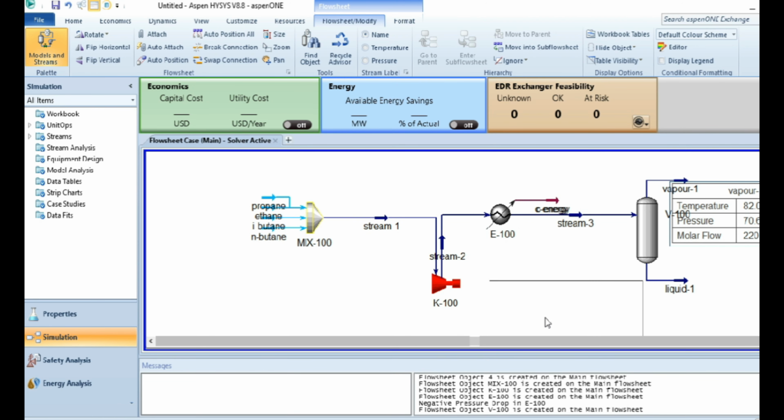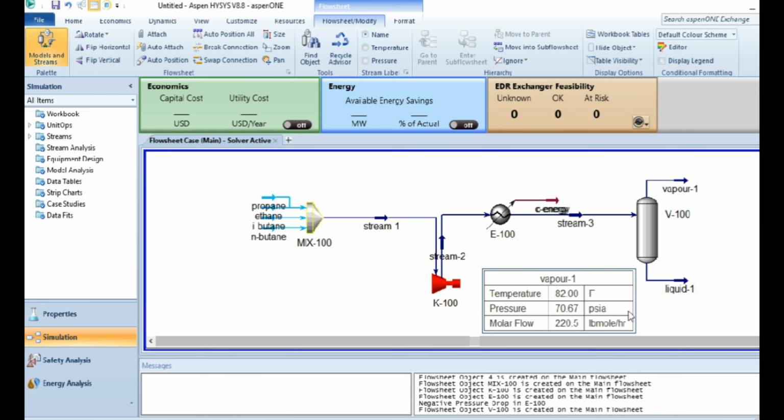This table is for vapour. So we are asked to find the flow.